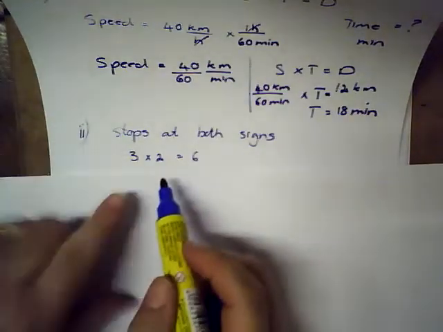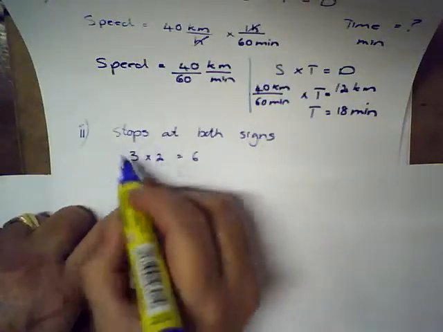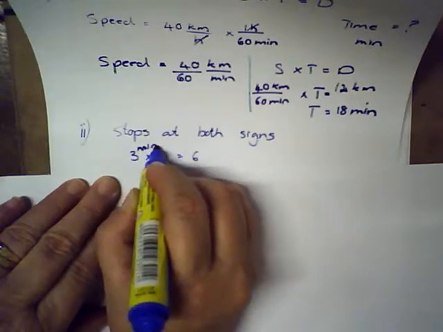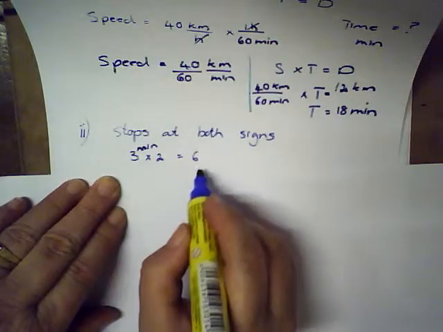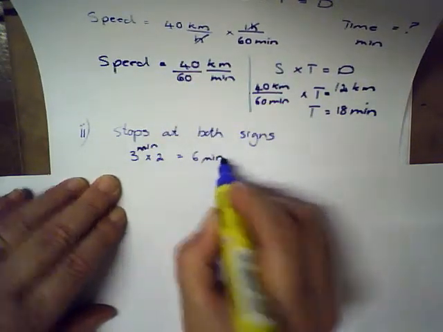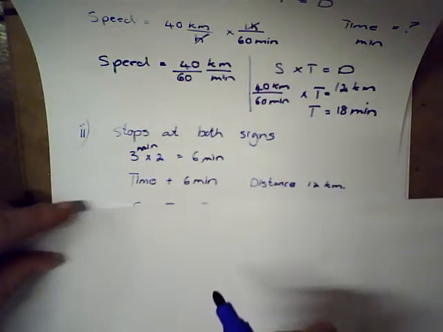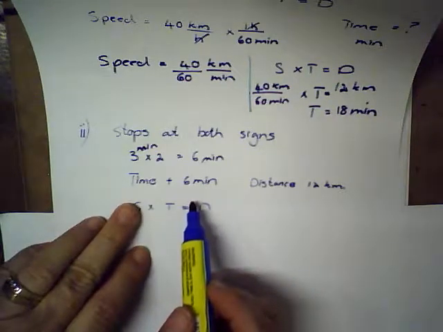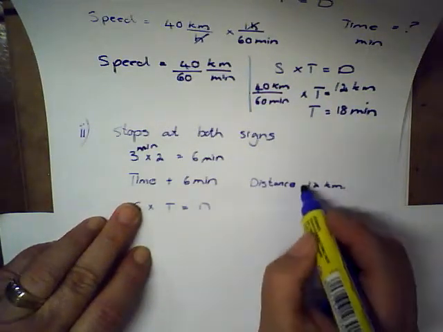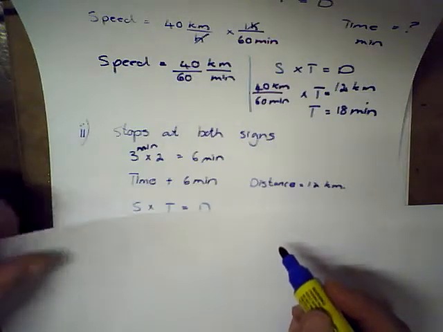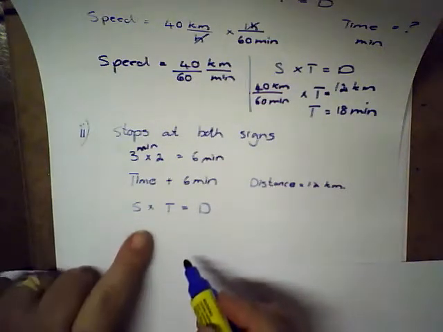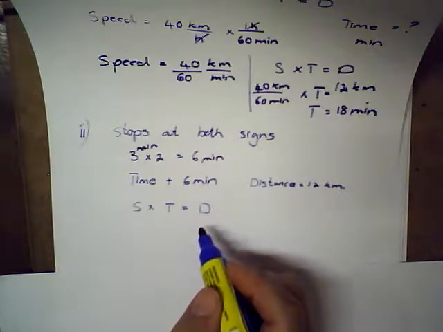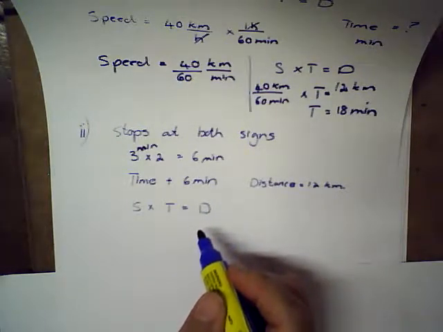That would give me 3 times 2, because each one will give him 3 minutes, and there are two stop signs, so it would give us a total of 6 minutes that we've got to add. So we know his total time plus the 6 minutes. We do know that the distance is still going to be 12 kilometers, and I know that speed times time equals distance. So we need to find his new speed.